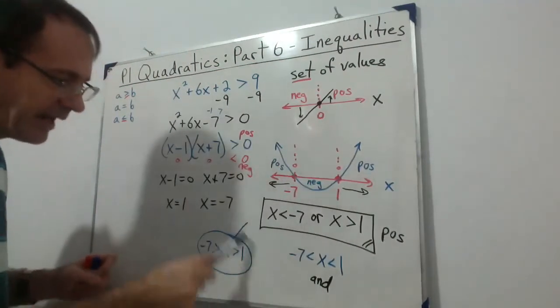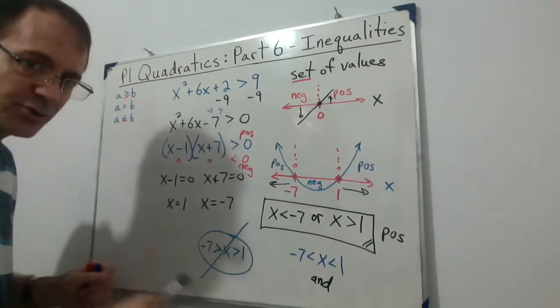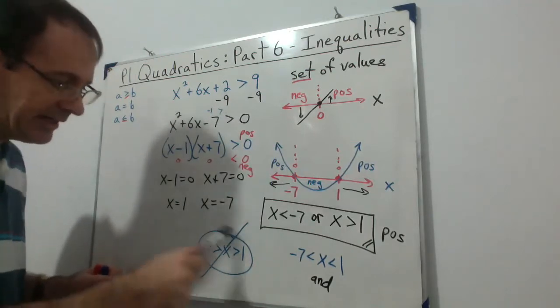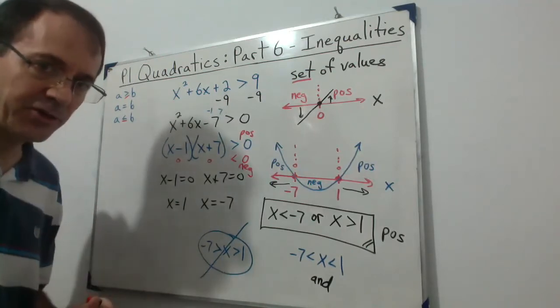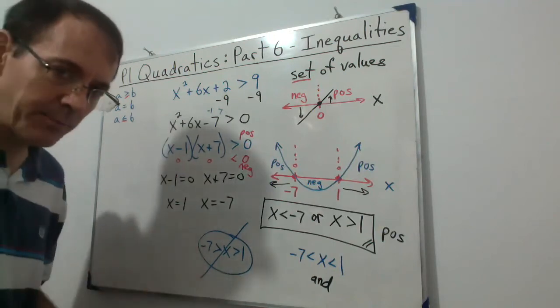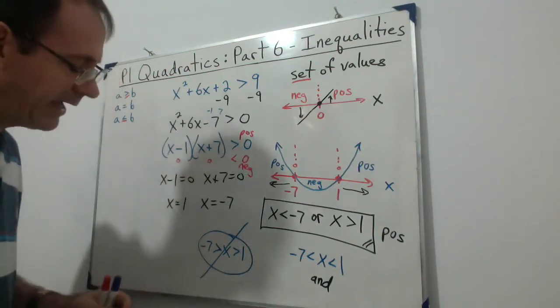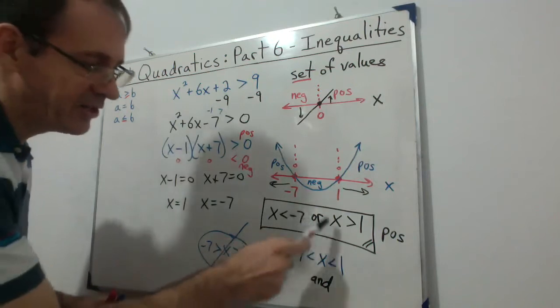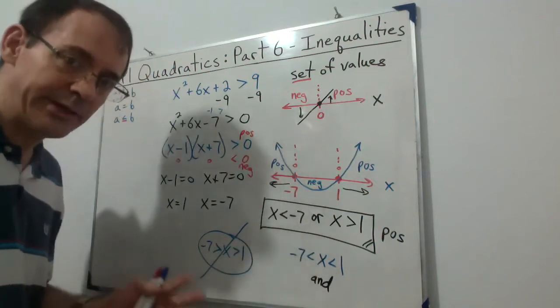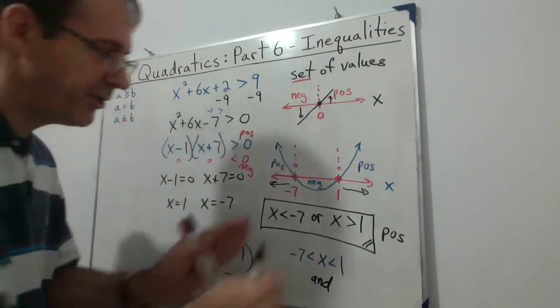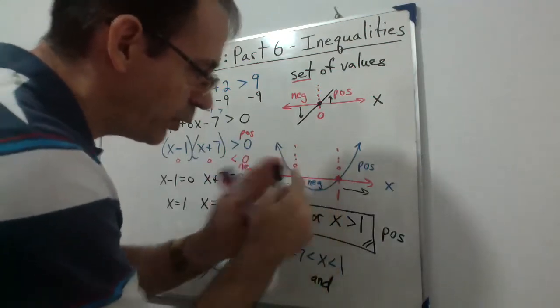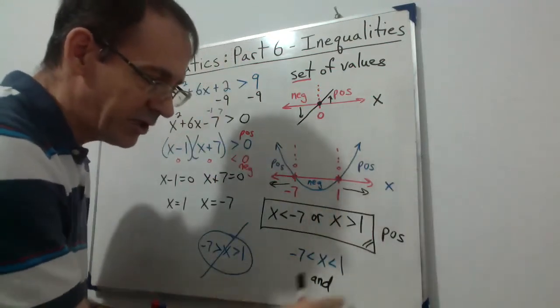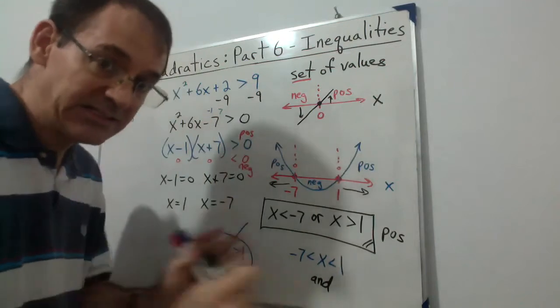So I see a lot of students trying to write this combined inequality like this. Please don't do that. It will be marked incorrect, and it is technically incorrect because of the difference between and and or. Only if your x is between the numbers can you write it as one and statement.